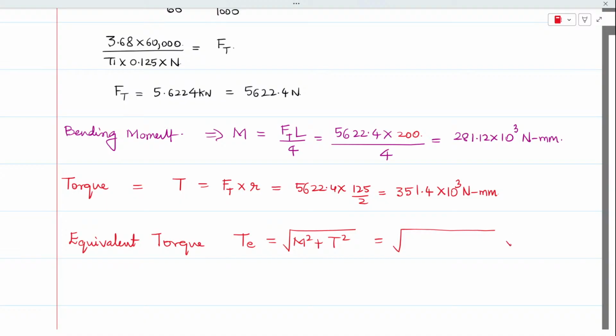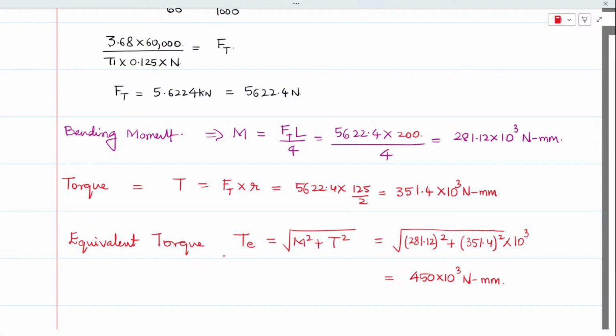I can keep 10 power 3 outside, and this could be expressed as 281.12 whole square plus 351.4 whole square. This would be equivalent torque, and upon calculation we would get that as 450 into 10 power 3 Newton mm. So equivalent torque has been calculated.